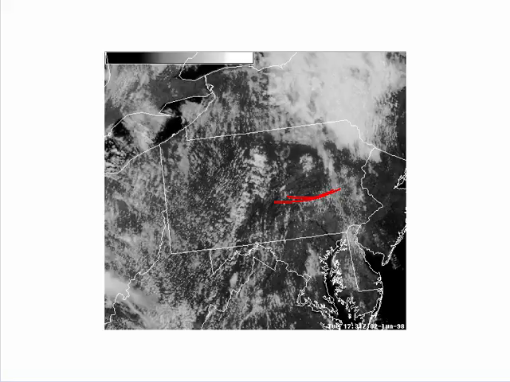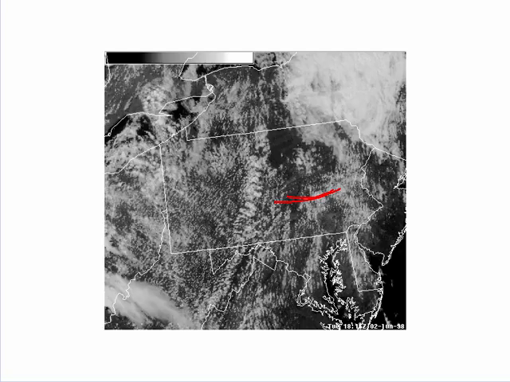And as you watch the loop continue out to its end, you see that unstable air is now moving further north toward northeastern Pennsylvania. That's going to be a boundary later that's going to be important.